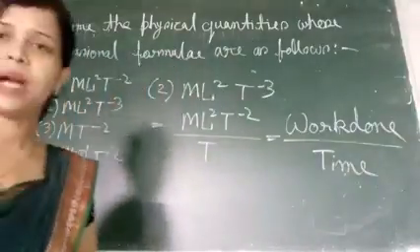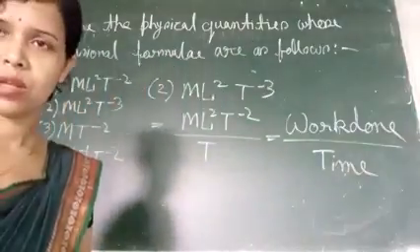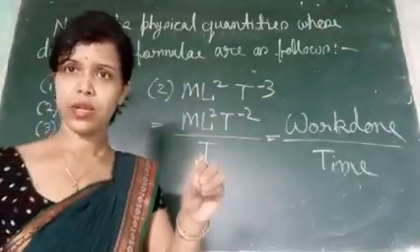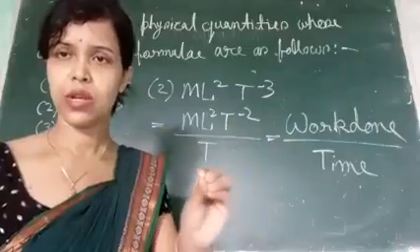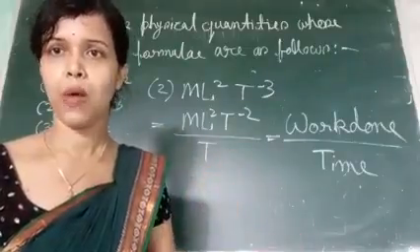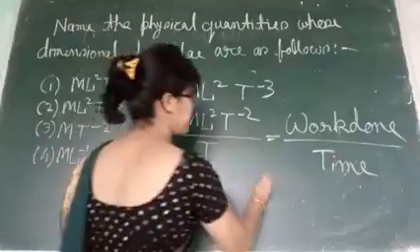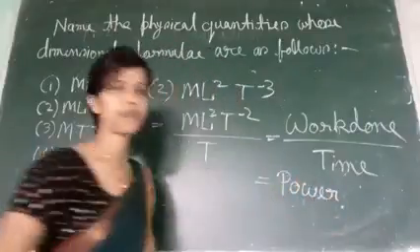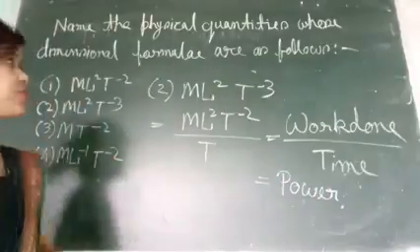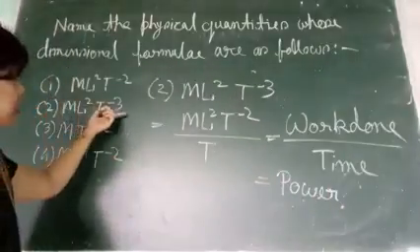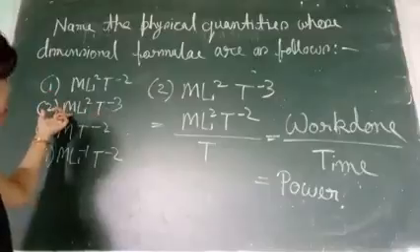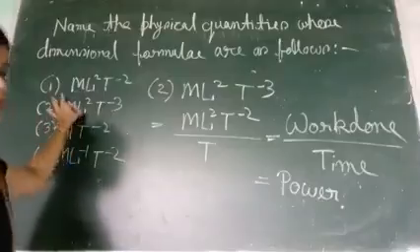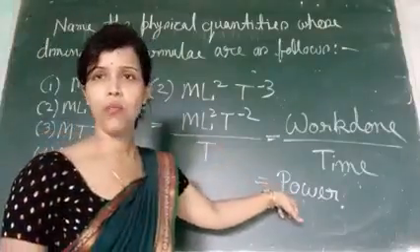Work done divided by time means the amount of work done per unit time, which is the definition of power. So M L square t to the power minus 3 is the dimensional formula for the physical quantity power.